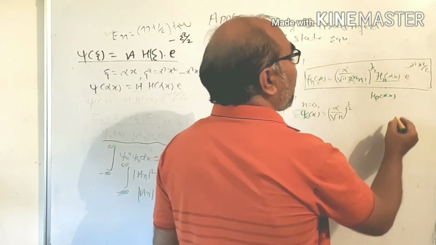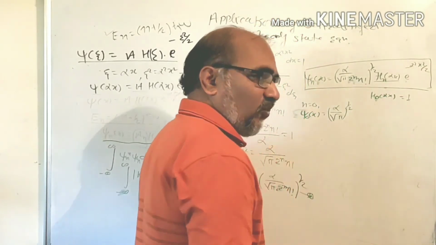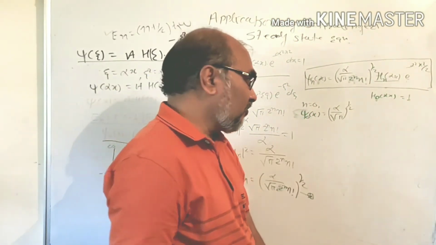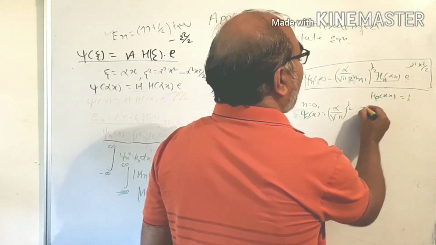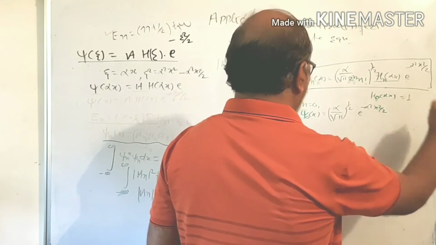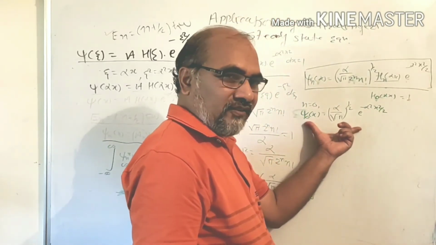So this H_0 is equal to 1. This is the Hermite polynomial of degree 0, H_0 is 1, and therefore 1 into e raised to minus α²x²/2.